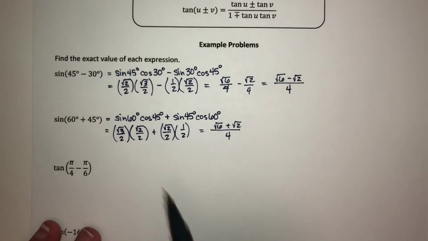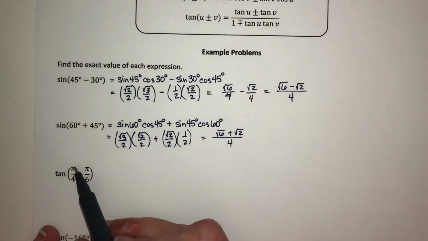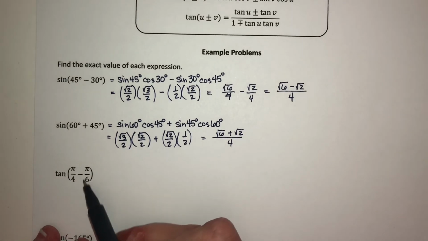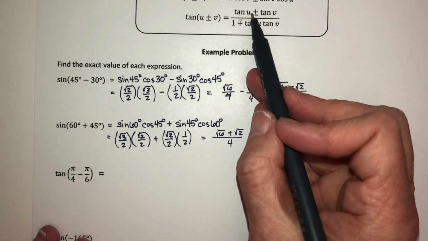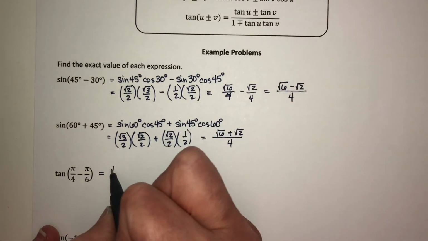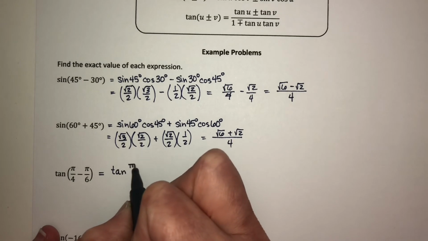Okay. Now let's do tangent of pi over 4 minus pi over 6. This would be equal to tangent of pi over 4.